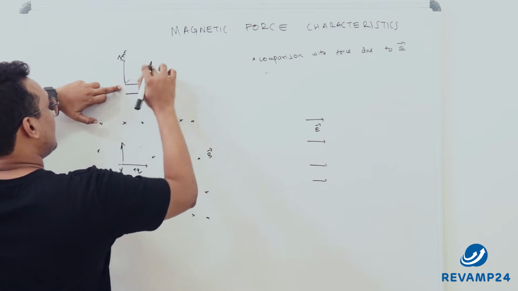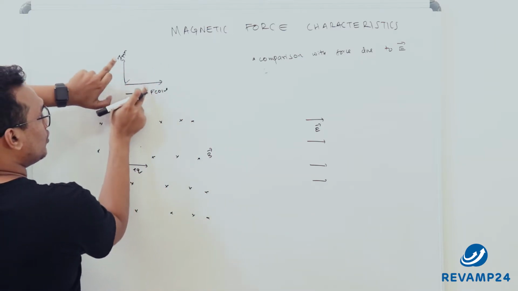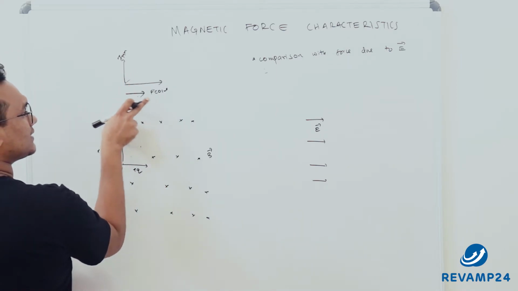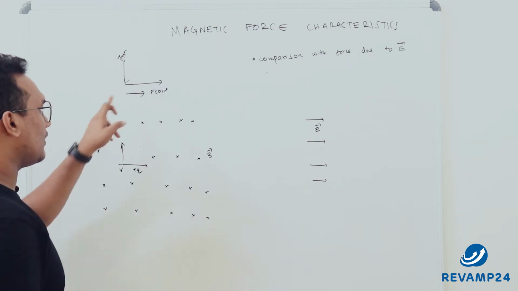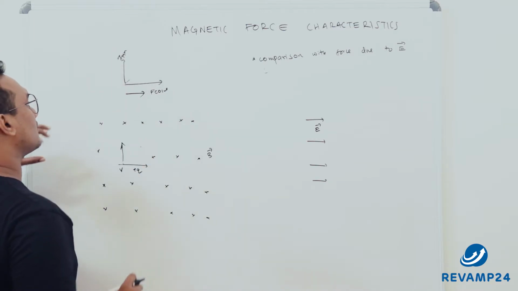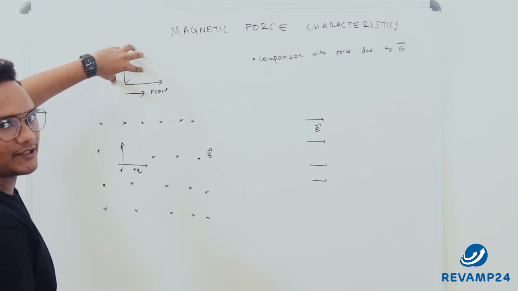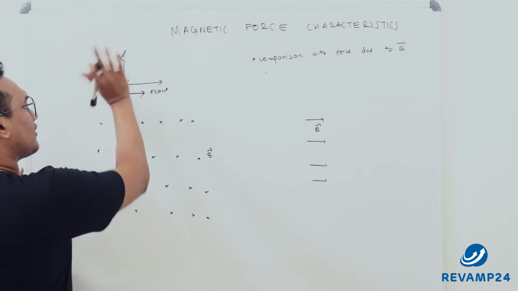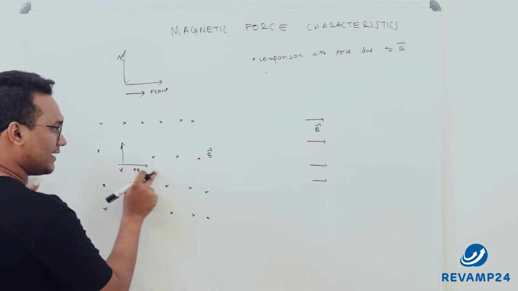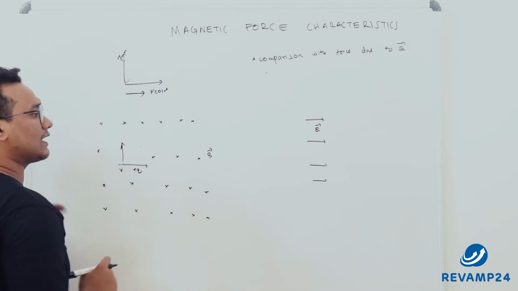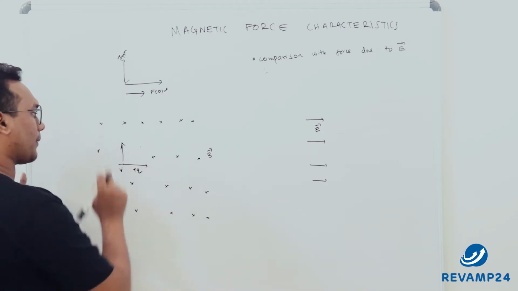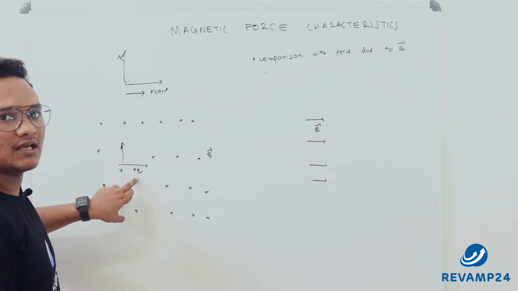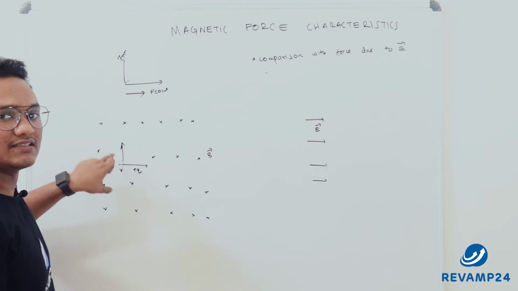F cos theta can increase the charge's velocity, and F sin theta cannot work on the magnitude of velocity. Anyway, in this case these are not applicable. It is neither in the direction of velocity nor in an inclined direction. It is exactly perpendicular. So, this perpendicular force can never change the magnitude of velocity.